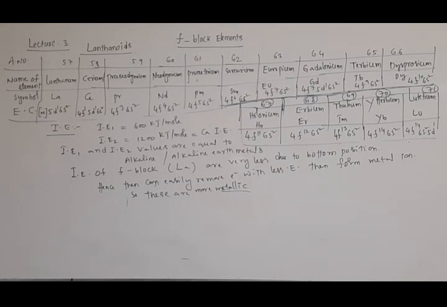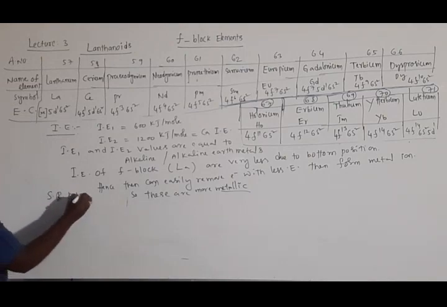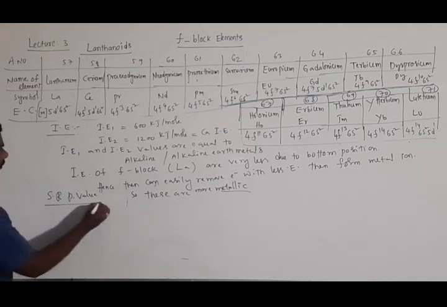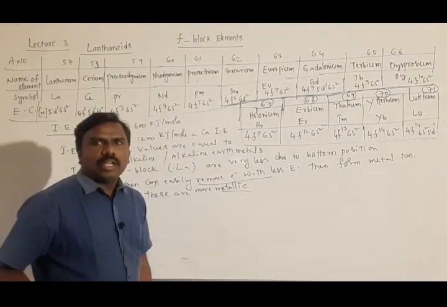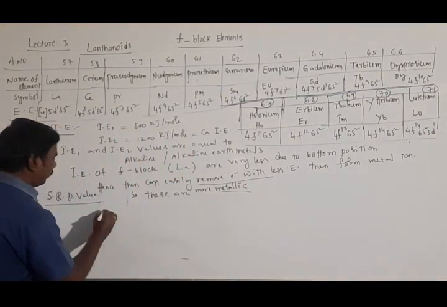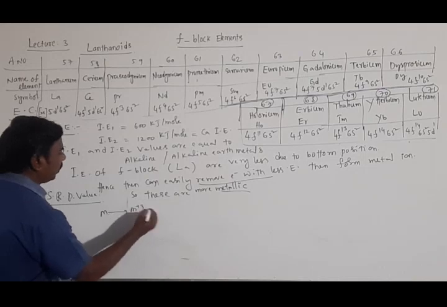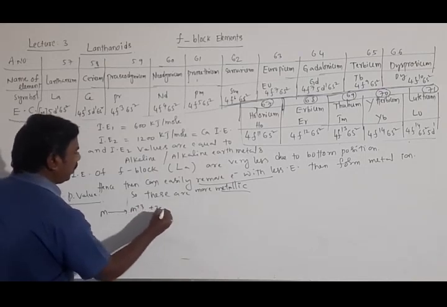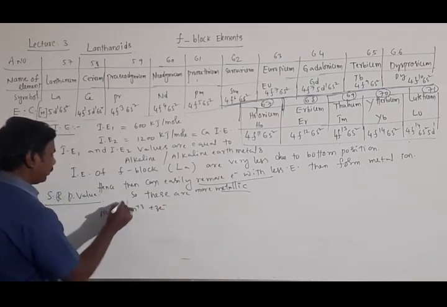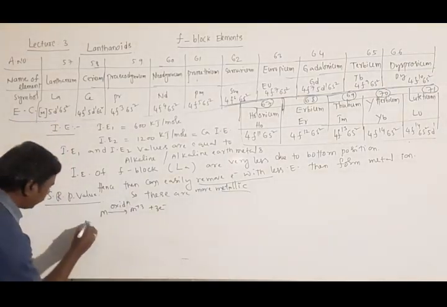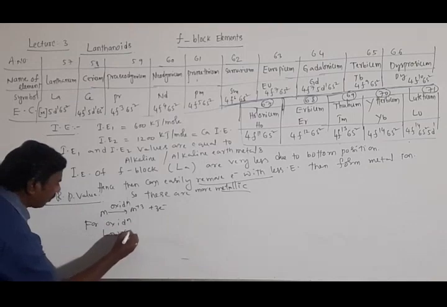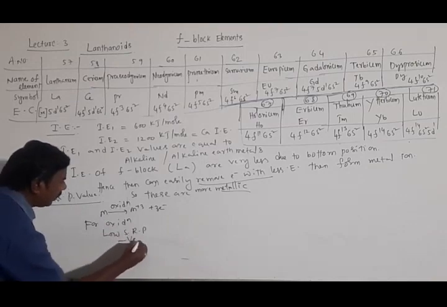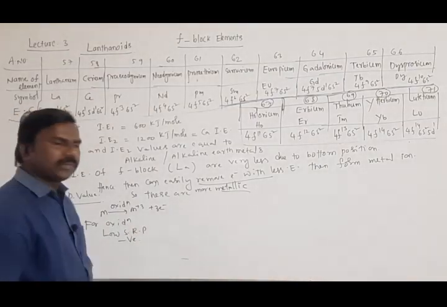Metallic means, now we'll discuss SRP values, standard reduction potential values. It means they easily remove electrons. Removal of electrons, M to M plus 3, by losing 3 electrons, is called oxidation. For oxidation, low SRP is required, which means a negative SRP value is required.